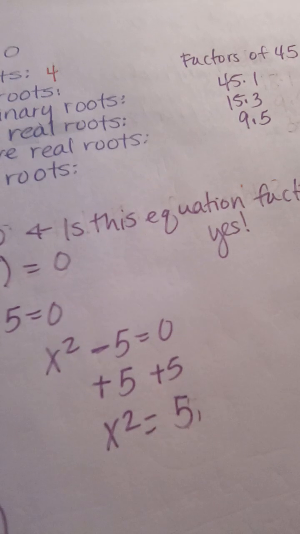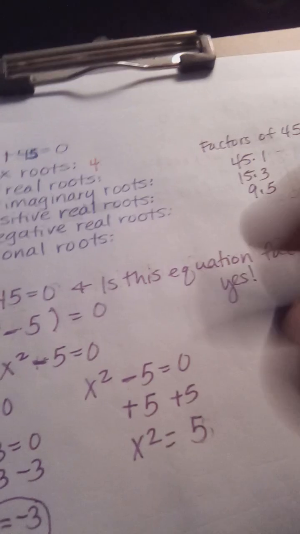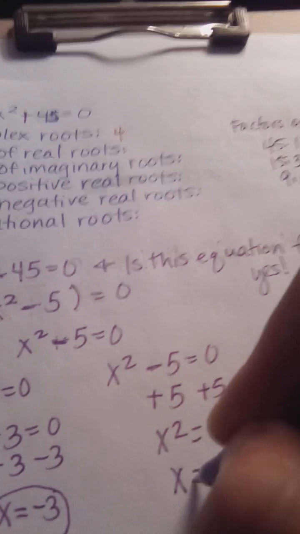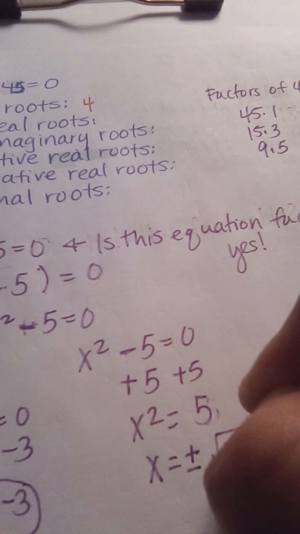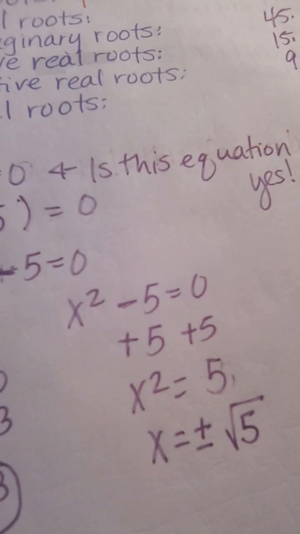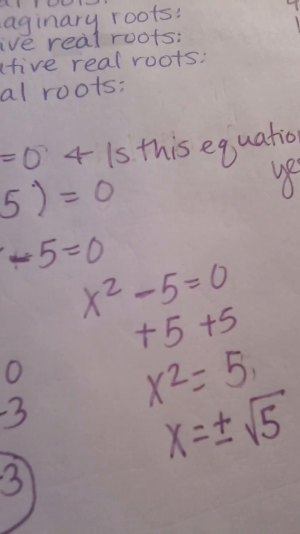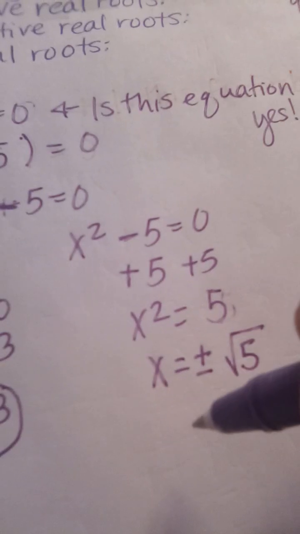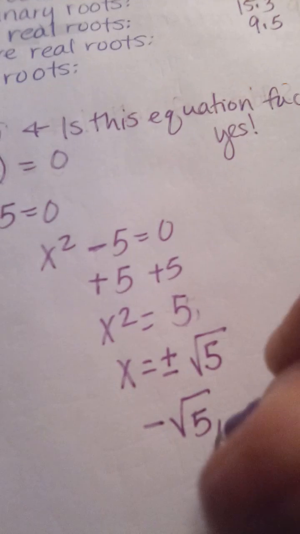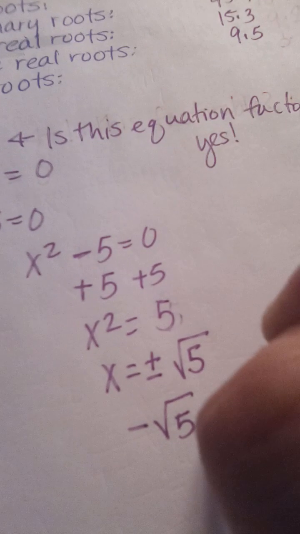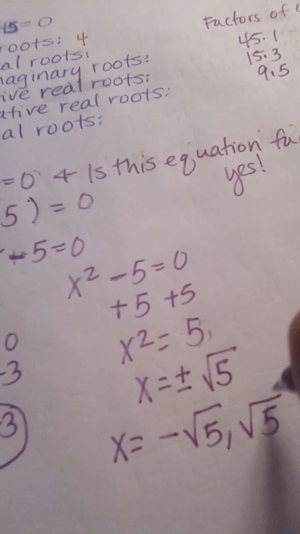And then, in order to get x, we have to do this: x equals plus or minus square root of 5. So we have negative square root of 5 and positive square root of 5. That's our x's. All right.